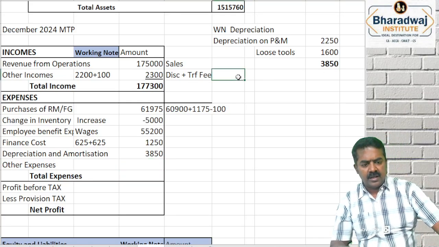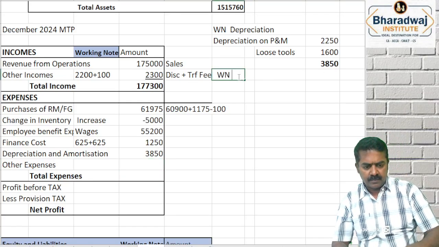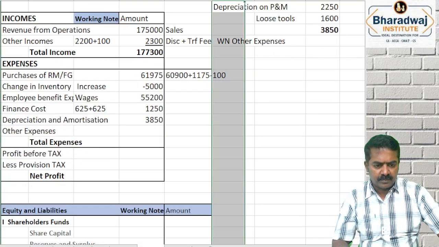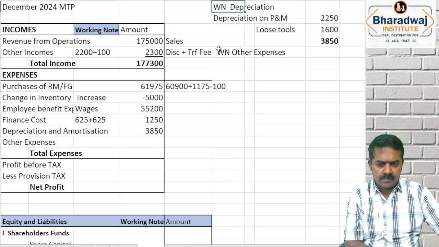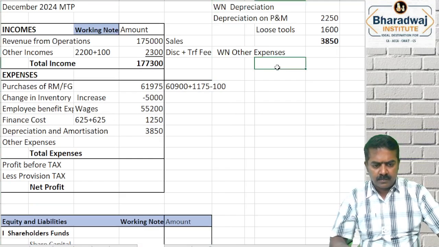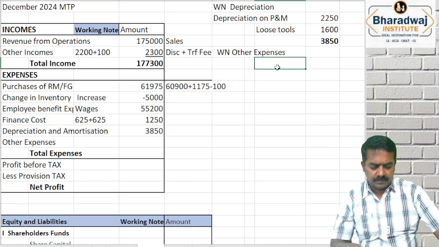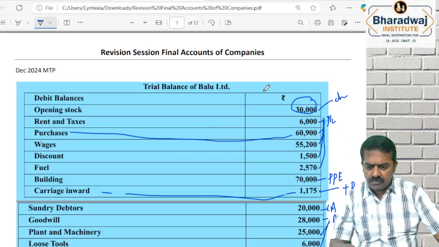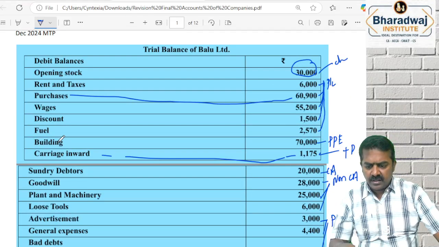Then name any other expenses. Name any other expenses, it will come there. What are the other expenses?